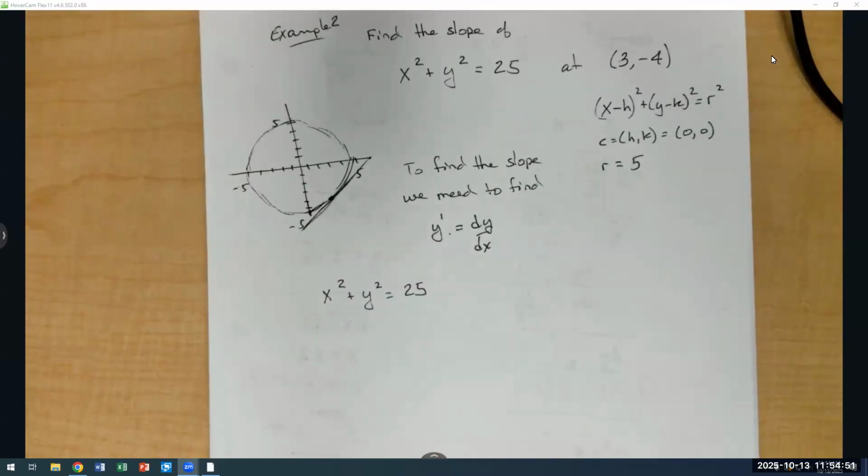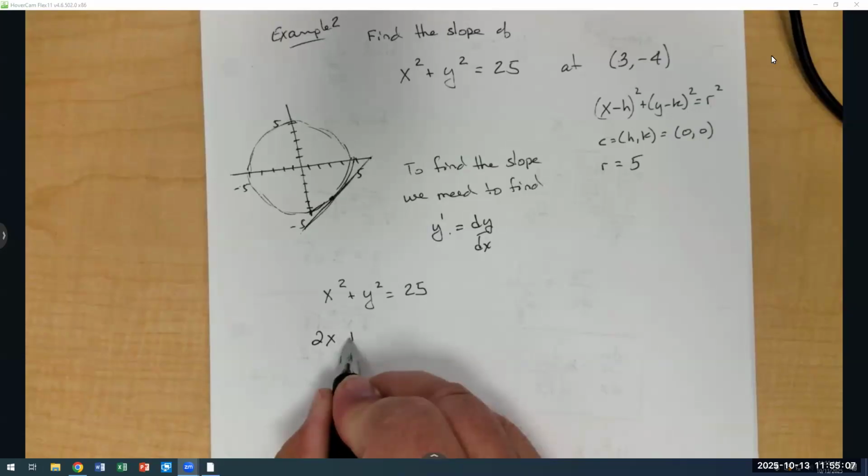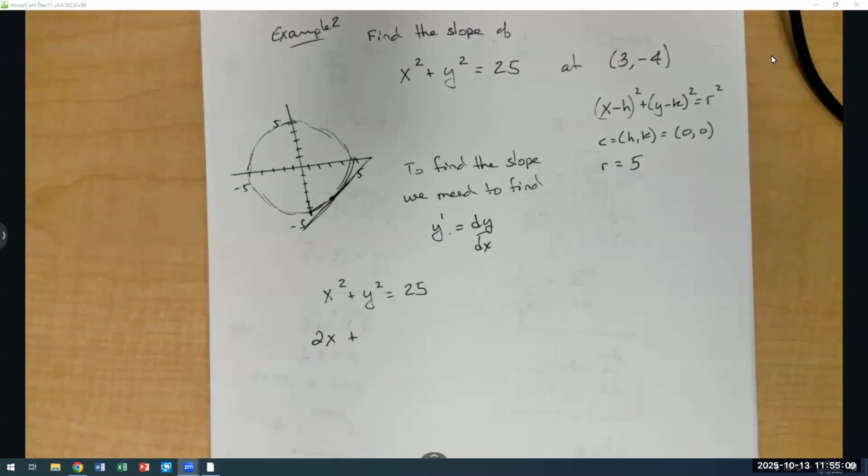So we take a derivative of this function. What's the derivative of x squared? 2x. The derivative of y squared? 2y dy/dx.